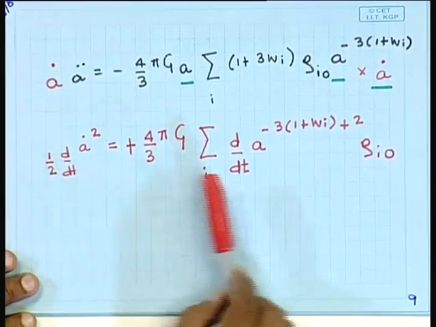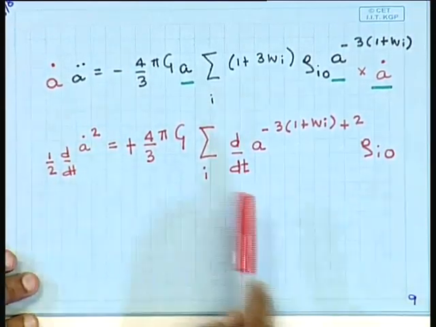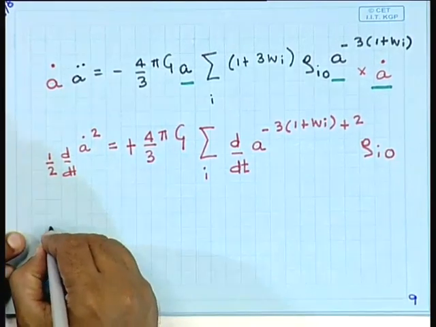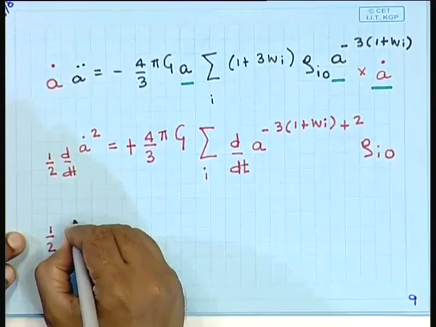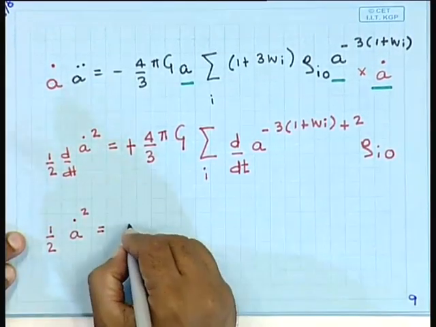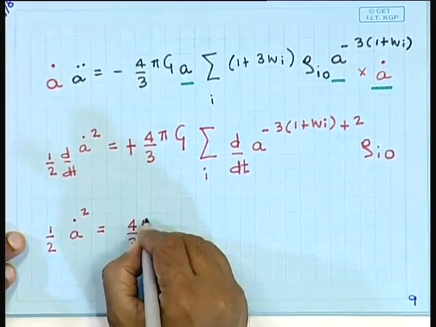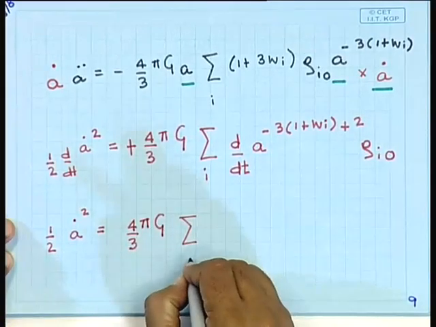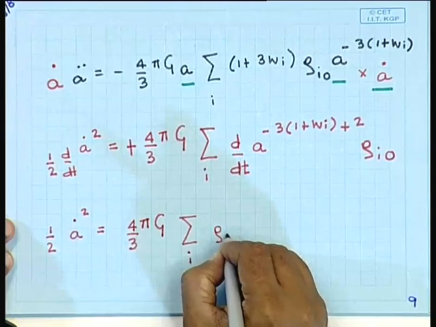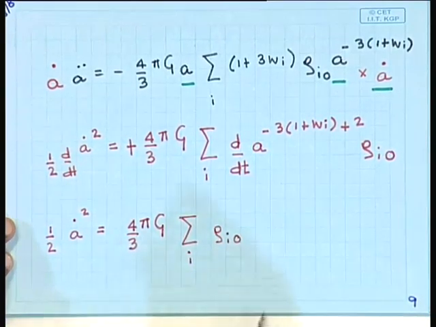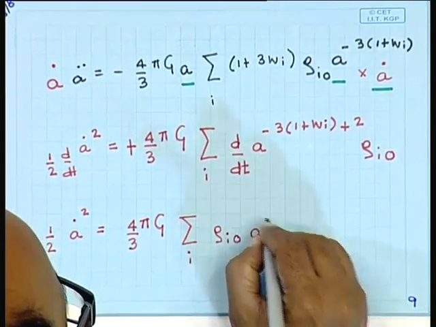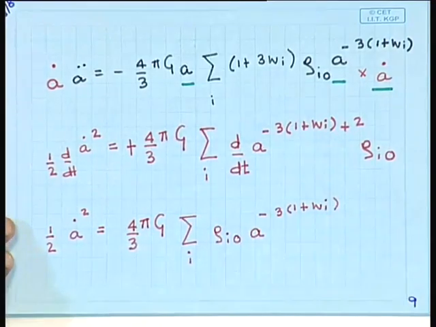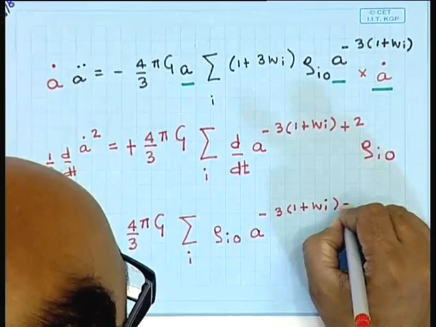So, both the left hand side and the right hand side are first derivatives of some function of time. So, we can integrate both the left hand and right hand side, and what we get is half a dot square is equal to 4/3 pi G, and now we have the sum over I of rho I naught a to the power minus 3 into 1 plus w I into a square, or plus 2, I can write it as plus 2 here.